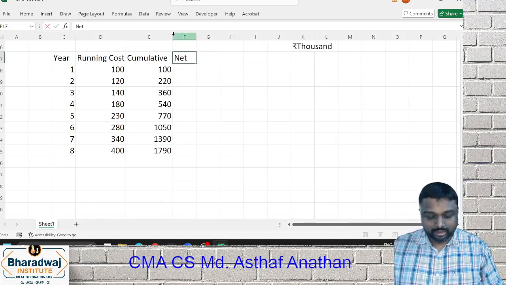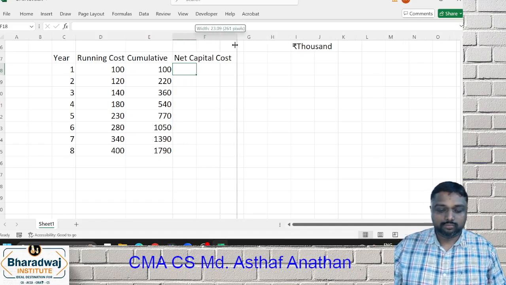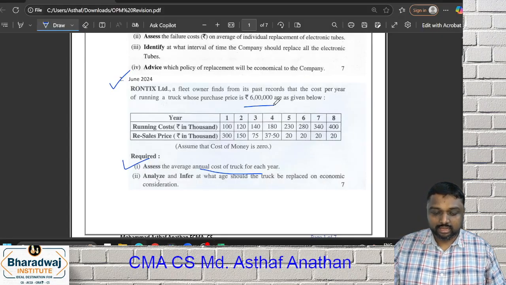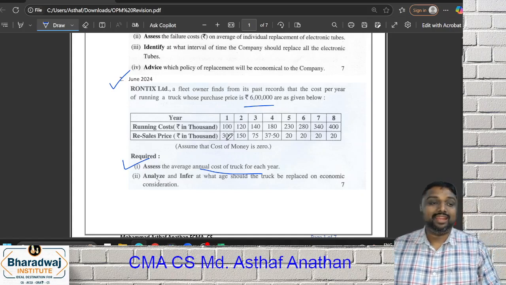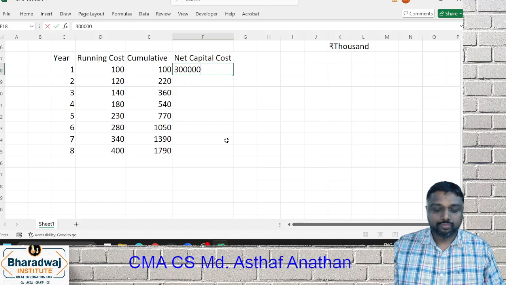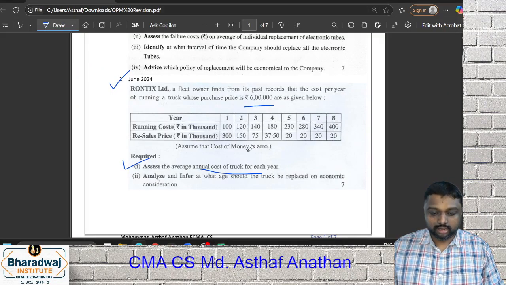Now we'll go for net capital cost. What is net capital cost, friends? Net capital cost is your purchase price, 6 lakh, minus the resale price. So 6 lakh minus 3 lakh, you will get 3 lakh. Again, we are doing it in thousands, so 600 minus 300, you will get 300.